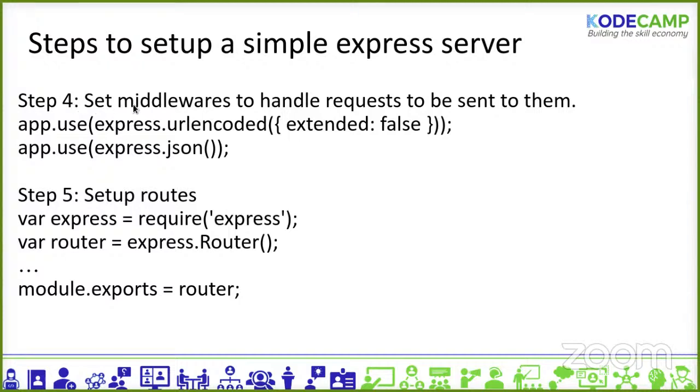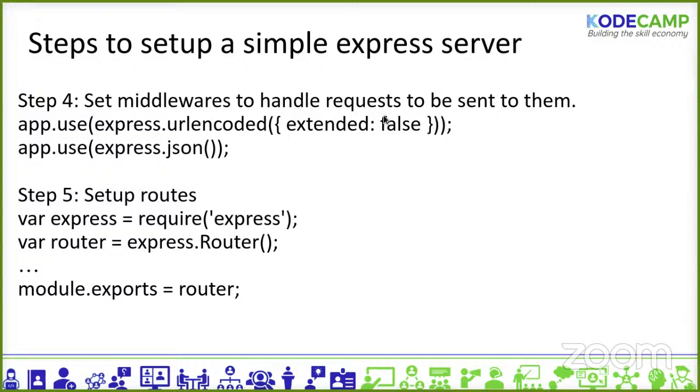Okay, so we can set middlewares to handle requests sent to them. We use app.use, then express.urlencoded. By default, I think this is extended false. I don't really know, but it's always set to false. Normally this would work on your sites, so I don't know why you would set this to true.